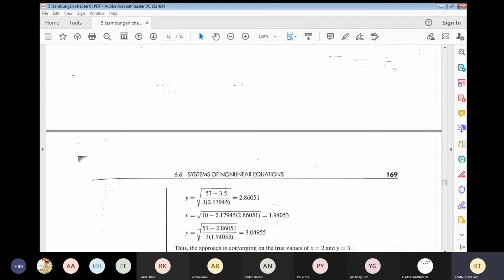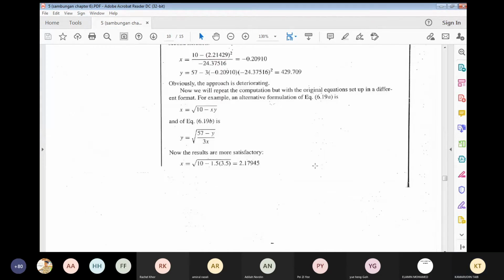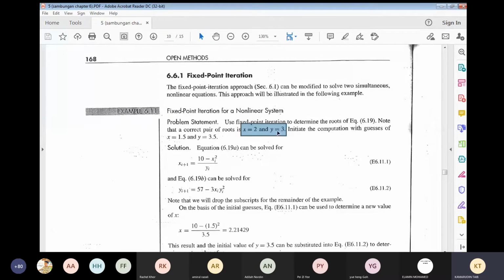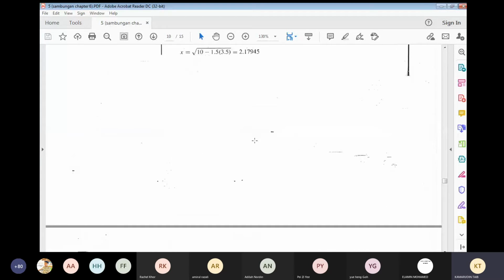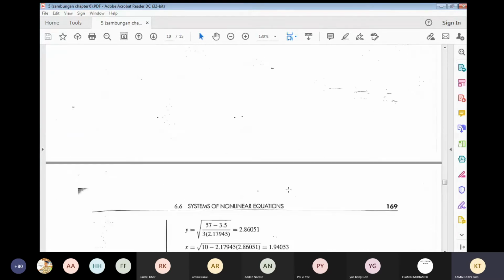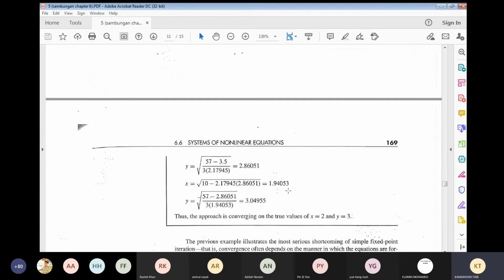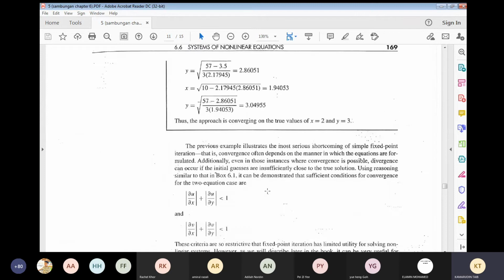So this time the answer seems to be more promising, because it is approaching the true value of x equivalent to 2 and y equivalent to 3. So x equals 2 point something, y equals 3 point something.